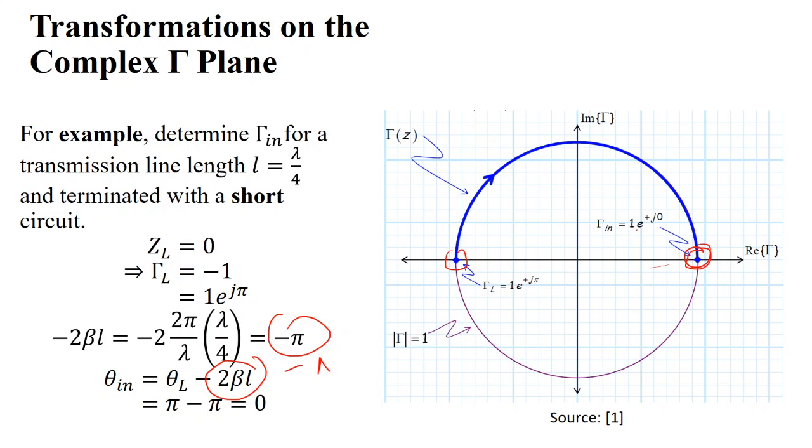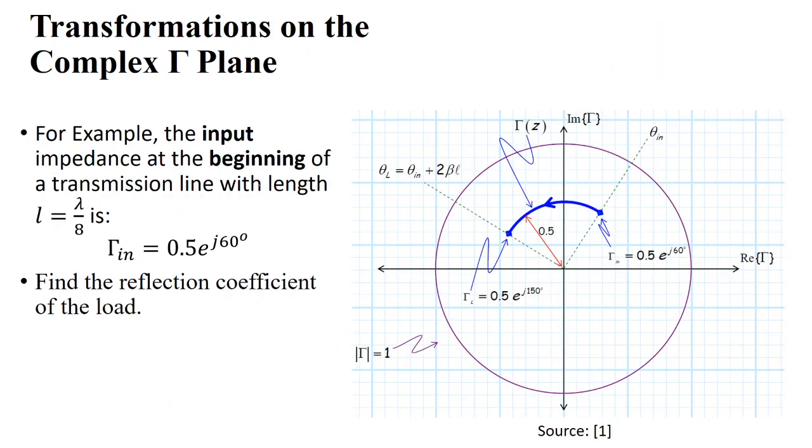And we have already seen in the previous lectures that for a lambda by 4 line, Z at lambda by 4 is given by Z naught square over ZL. If ZL is 0, you will get infinity. So this validates the concept.